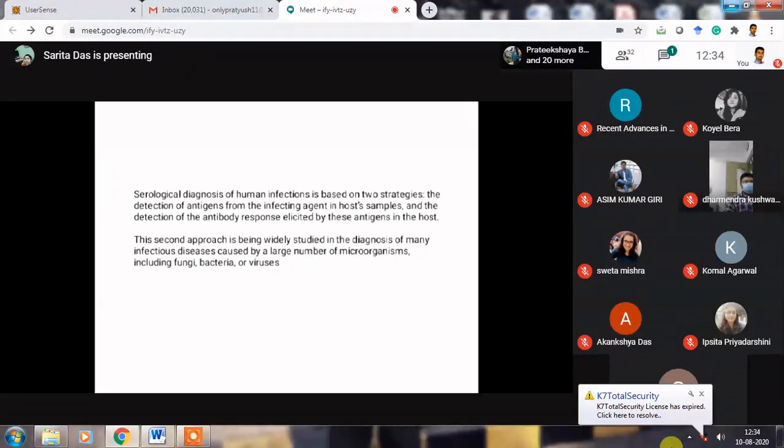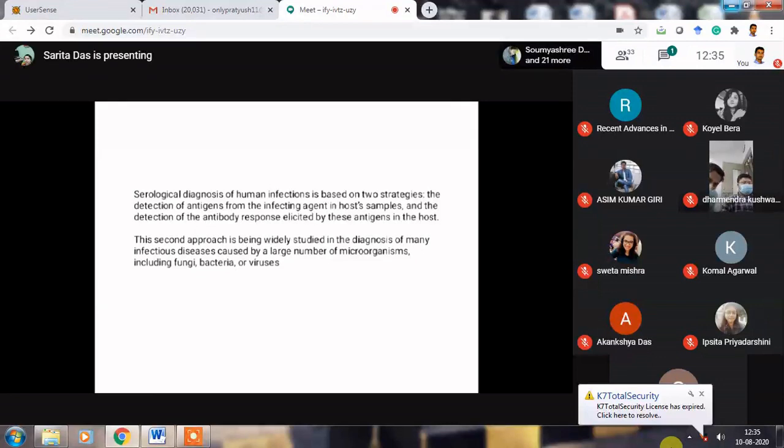First, either detection of antigen from the infectious agent, or detection of antibody that is raised in the body of the host.